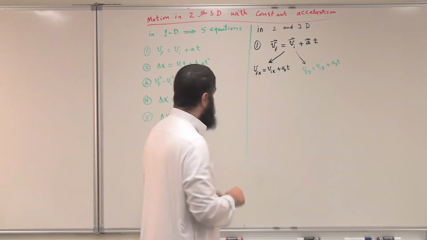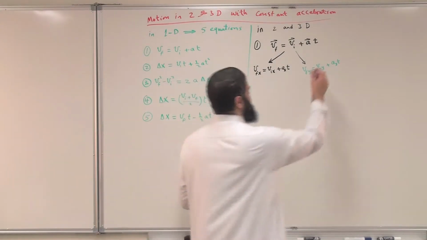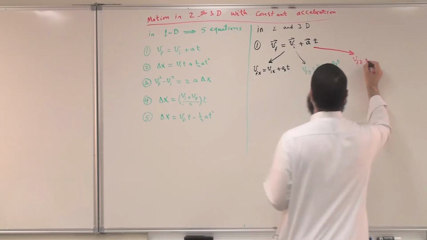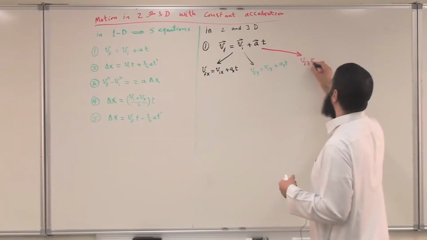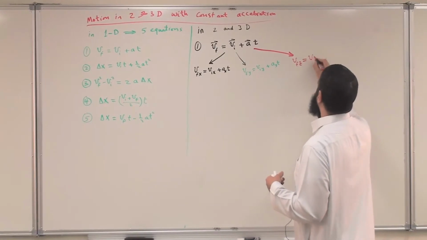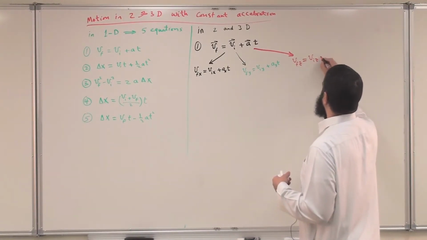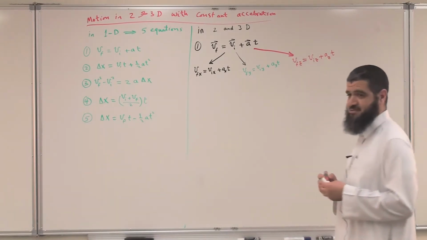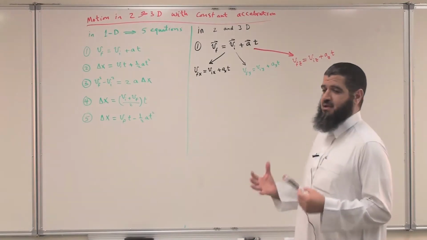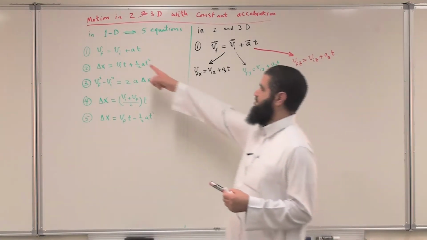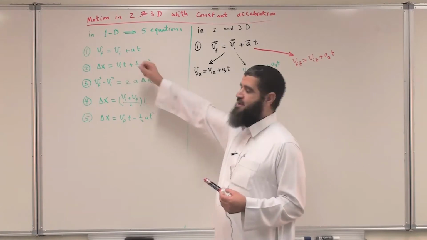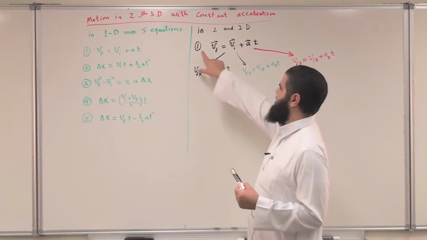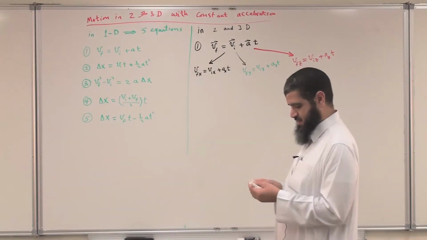The third component, if you can correctly guess, will be V final z. So this is the z component of the velocity: the initial velocity along z plus the acceleration along the z-axis multiplied by time. So nothing new here, but rather than dealing with a single equation in 1 dimension, now we can have 3 equations, or 3 components of the same equation, equation number 1 of the equations of motion.